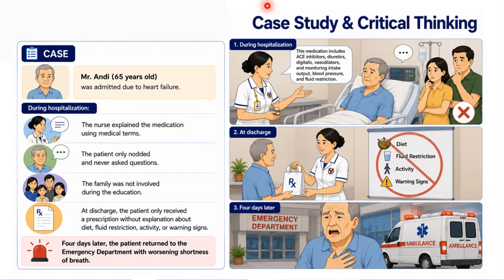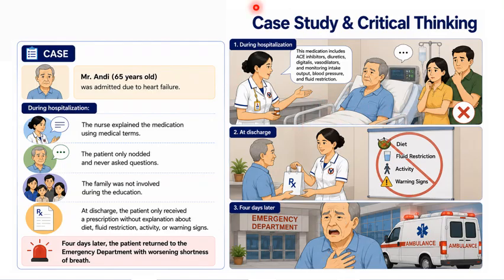Why did the patient actually take the wrong medication? I think because the patient did not receive the proper understanding of how he will be in charge of his therapy at home. And why didn't the patient understand? I think because the patient did not receive effective communication from the nurse, where there is a breakdown of communication because the patient is not being involved in the care, as well as the family.